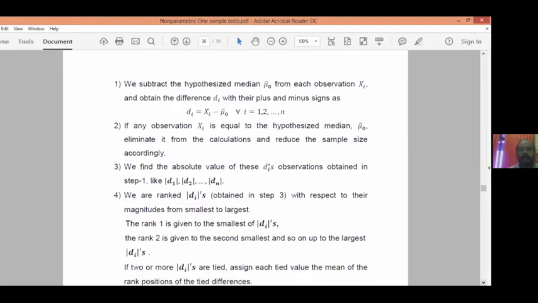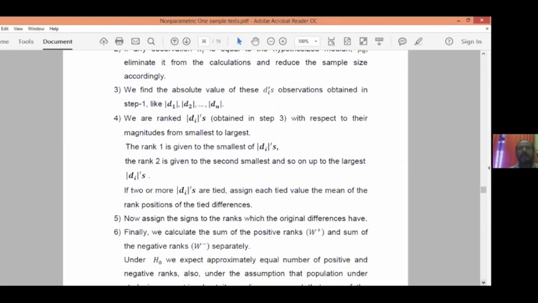We rank the di's obtained in the previous step with respect to their magnitude from smallest to largest. Rank 1 is given to the smallest di, rank 2 to the second smallest, and so on to the largest di. If two or more di's are tied, assign each tied value the mean of the rank positions of the tied differences.